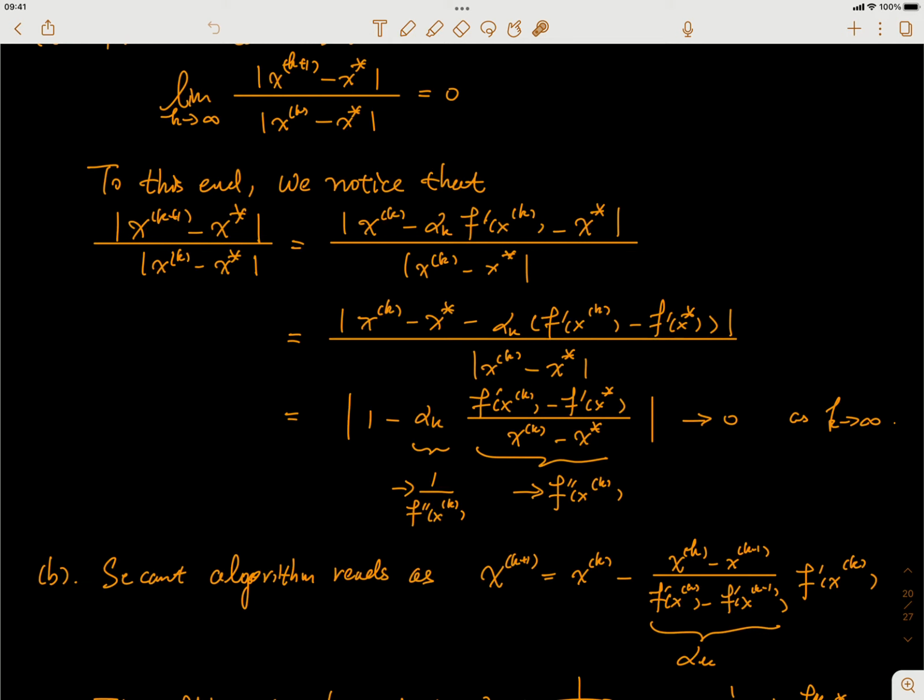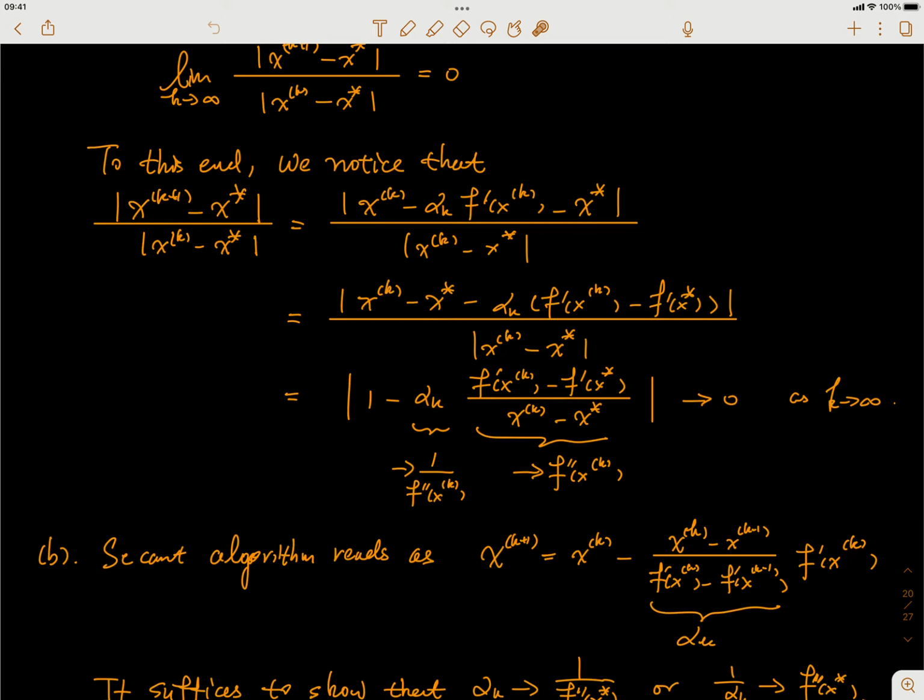Now we need to show that this goes to 0. You can notice that if xk converges to x star, then this should be converging to 1 over f double prime of x star.